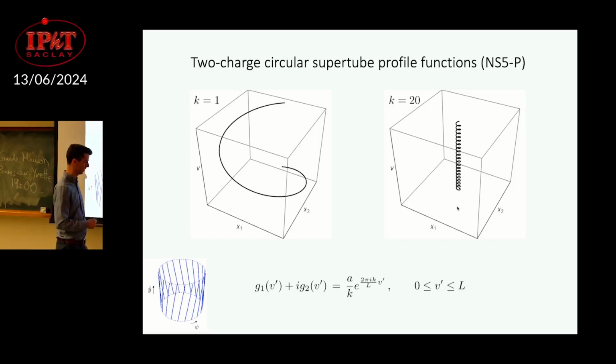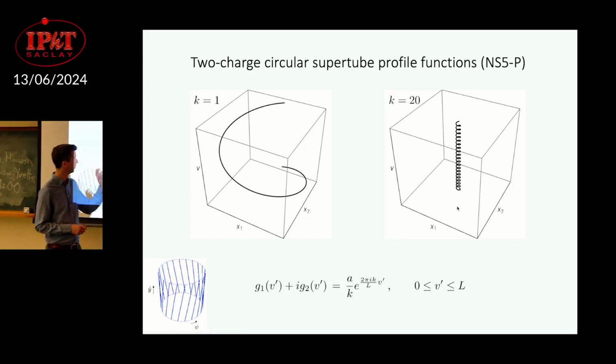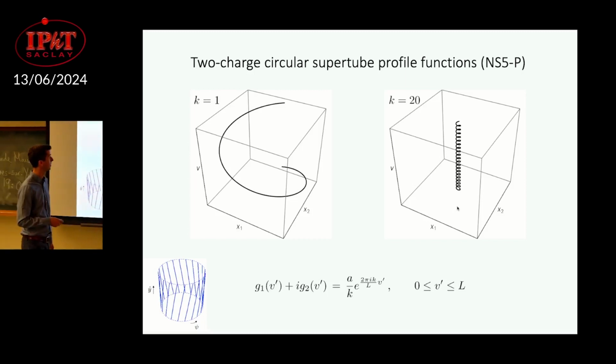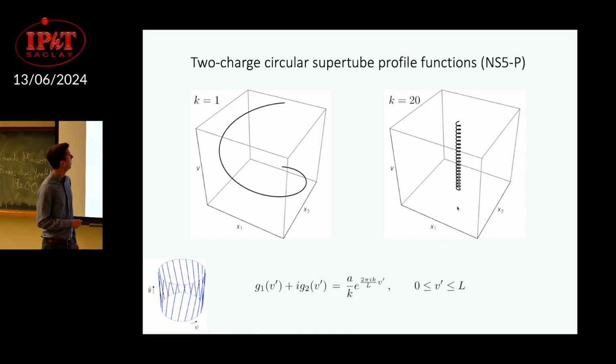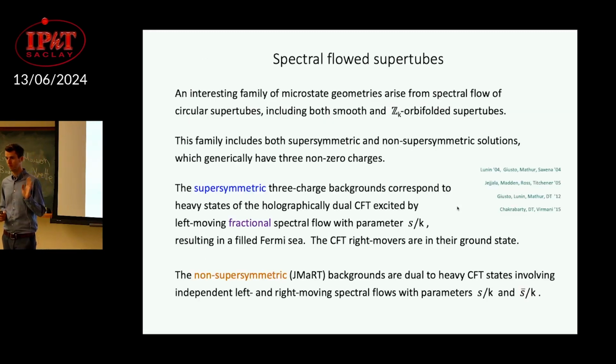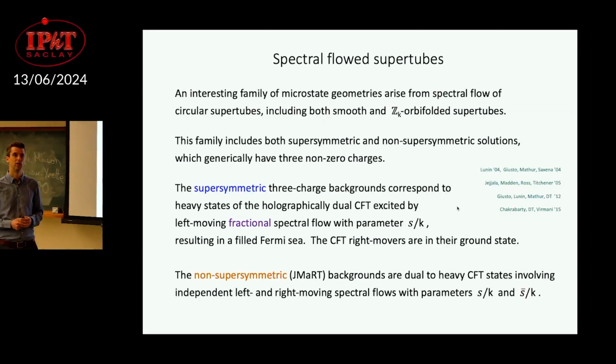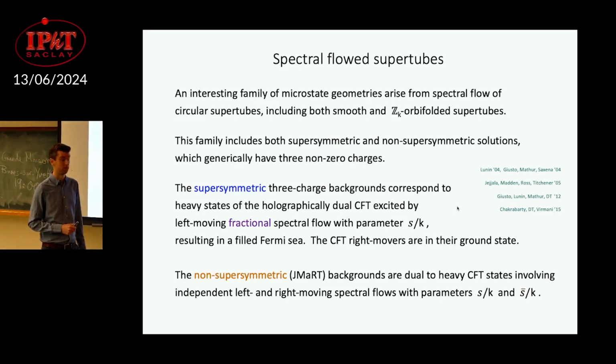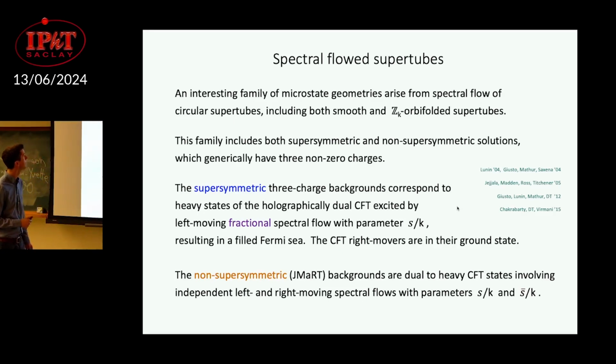And so there's a family of solutions here, which so far are just two-charge solutions. I'm picturing them in the NS5-P frame, where for the NS5 I'm just plotting the effective string after we reduce on the T4 directions. So the main focus is not going to be on those two-charge solutions, but rather on three-charge solutions which are obtained by spectral flow from those seed solutions.